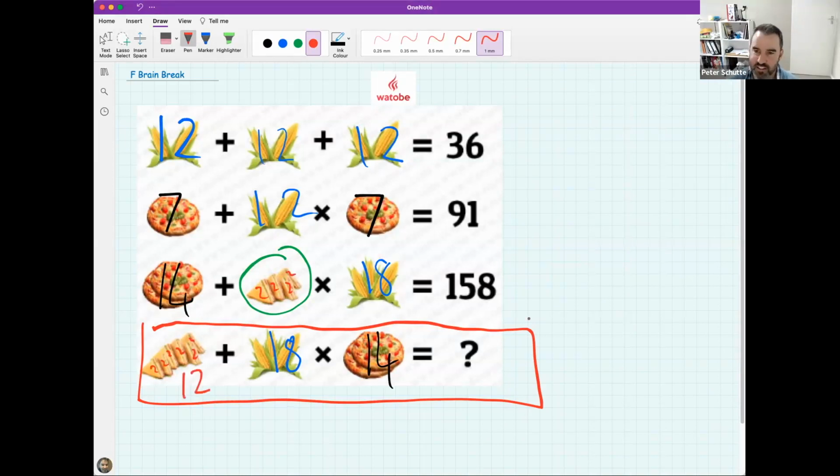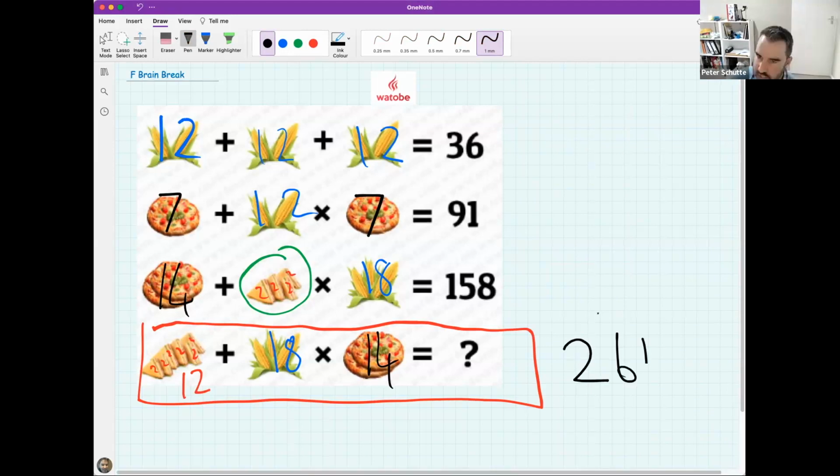Sure, this is the toughest one we've ever done. So what's the final answer going to be? It's going to be 18 times 14 because of BODMAS, and then we add 12. And what is the final answer? Drum roll, please. It is 264.